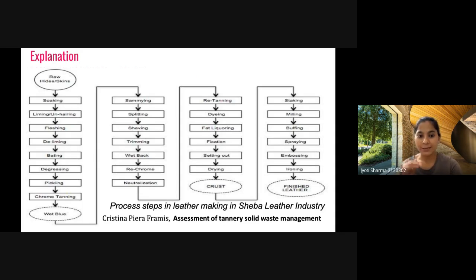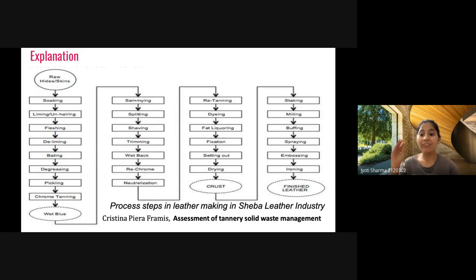Then the next steps: samming, splitting, shaving, trimming, wet back, rechrome, neutralization. The next steps will be retanning, dyeing, fat liquoring, fixation, setting out, drying, crust, and then staking, milling, buffing, spraying, embossing, ironing, and that's how we get the finished leather.